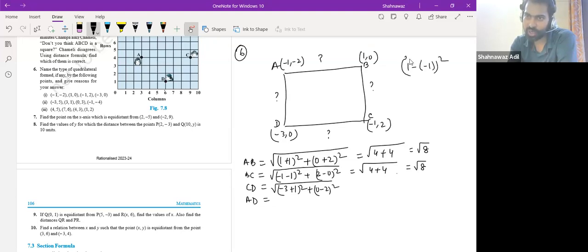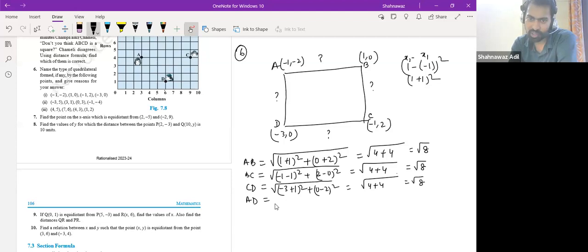So x2 minus x1, and x1 is minus, right? Yes. So 1 minus minus is plus, so 1 plus 1. And so this is again 2 squared, so 4 plus 4, which is 8.